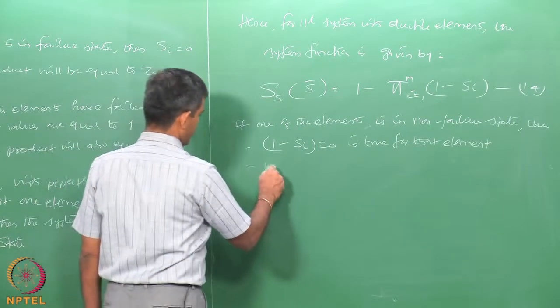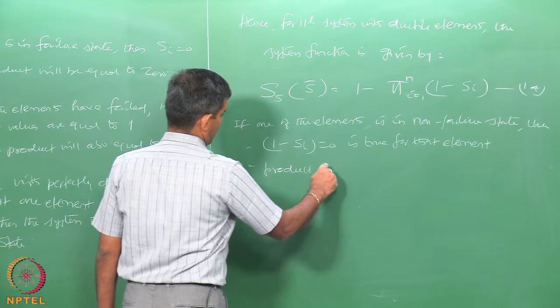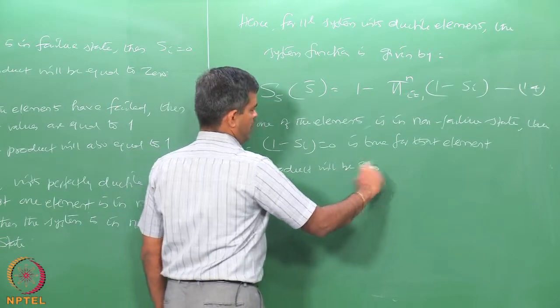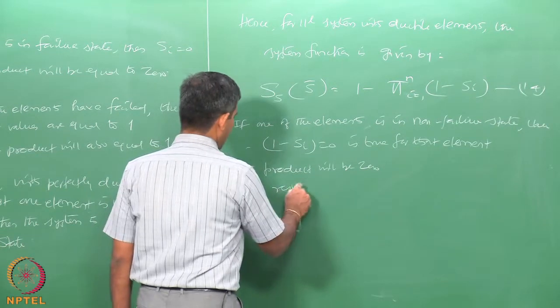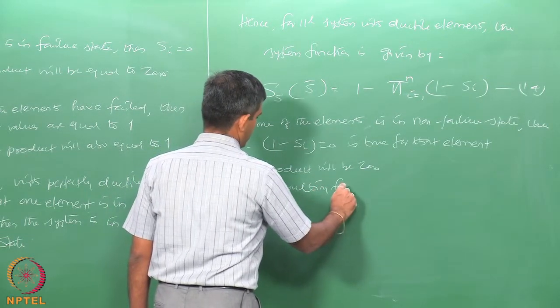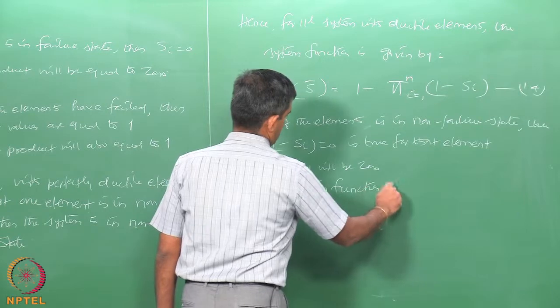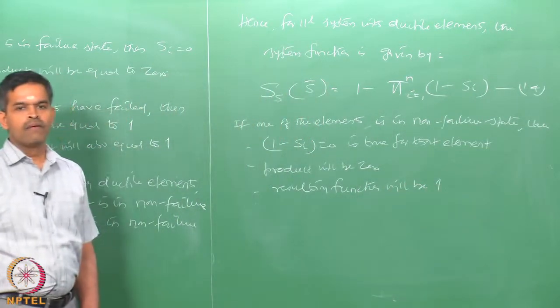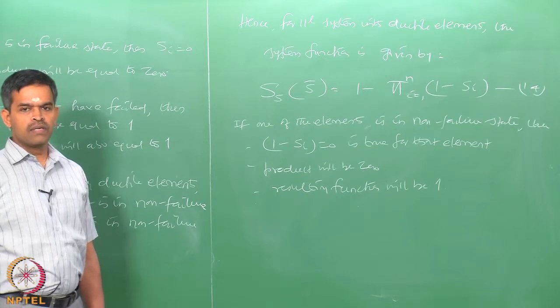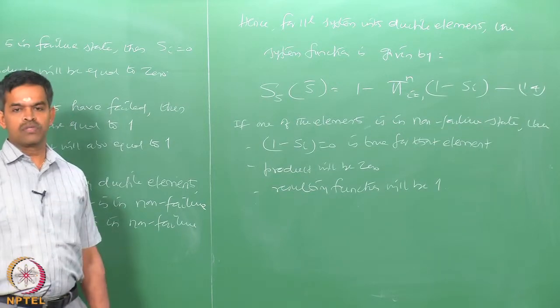The product will be 0 and the resulting function will be 1, which implies that the system is in a non-failure state.